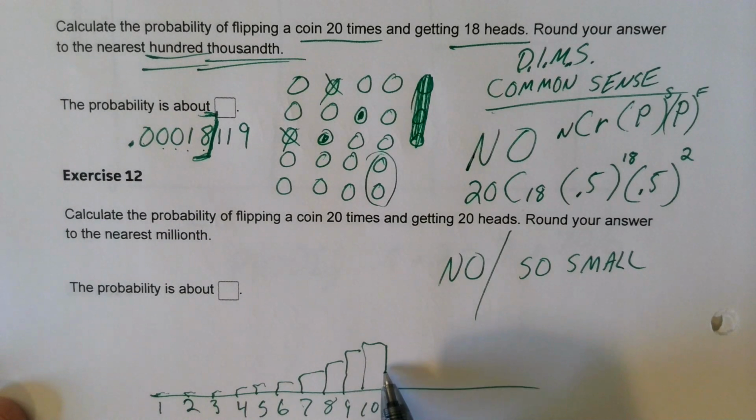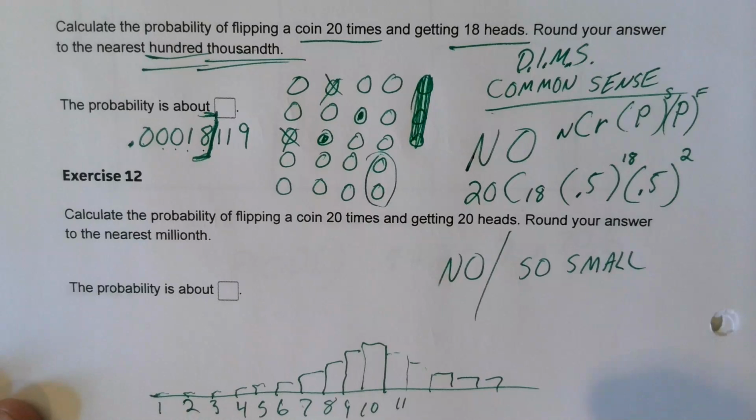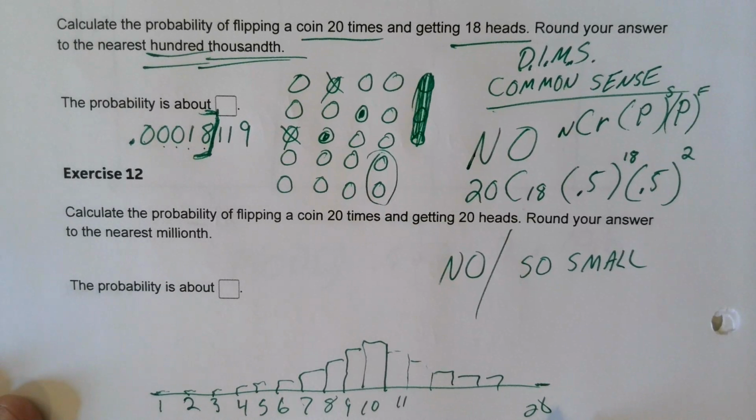So this one's going to have really high chances of getting 10 heads out of 20 flips, and then of course it should be symmetrical, for 11, 12, 13, 14, 15, all the way up to 20. Again, 20 is going to be so small, it would barely register visually if I did all of those different ones.